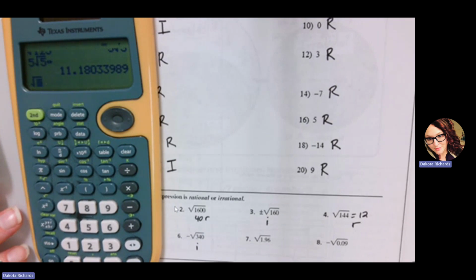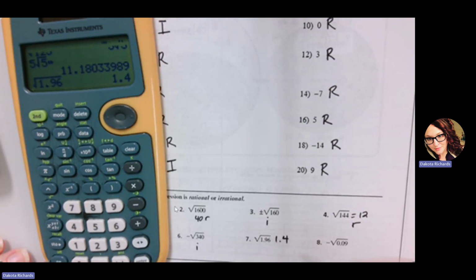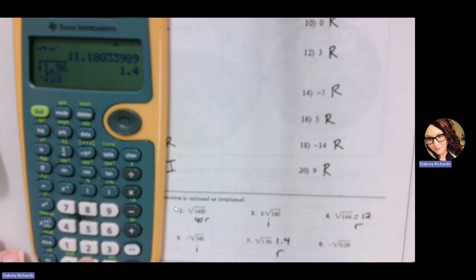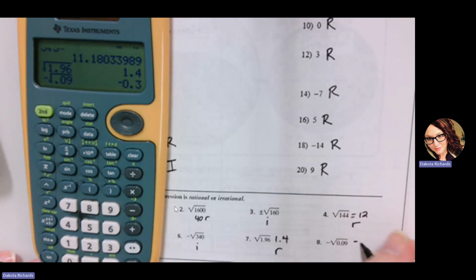So the square root of 1.96 is 1.4. Well, that's a decimal that stops. That's rational. And then number 8, negative square root 0.09 is negative 0.3, which is just rational.